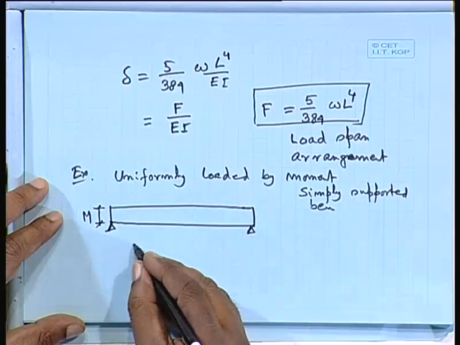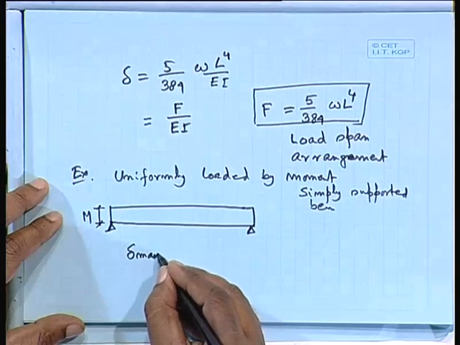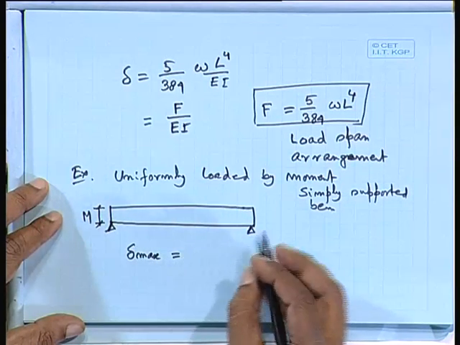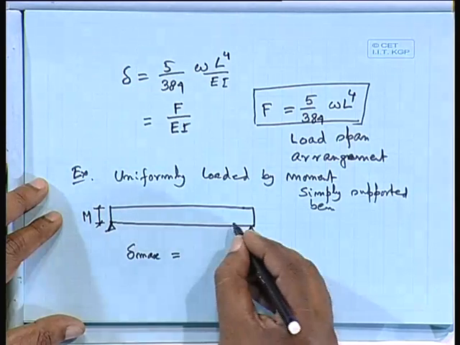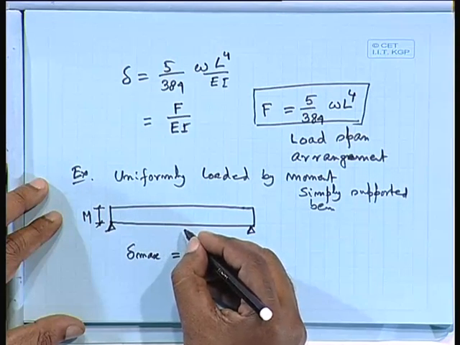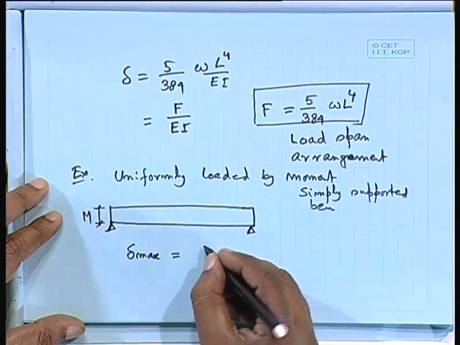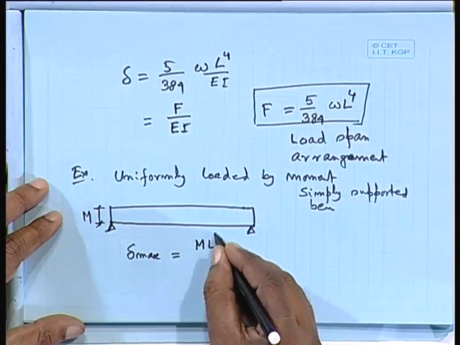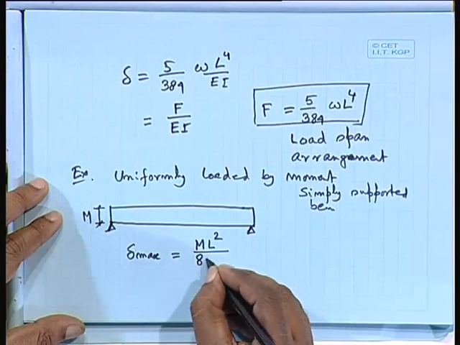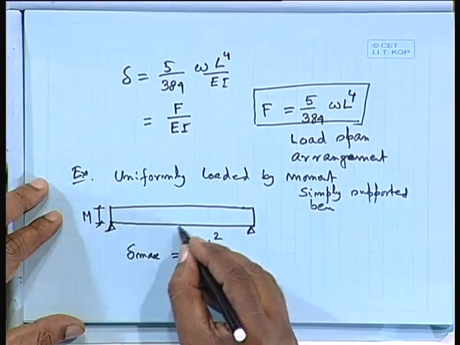We can find delta max. For this case the central deflection delta max will be M L square by 8 EI. This is the deflection we shall get.